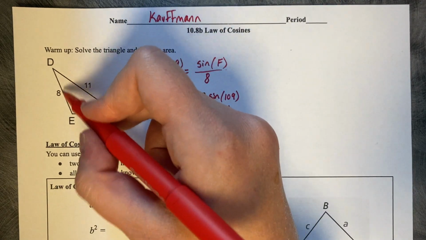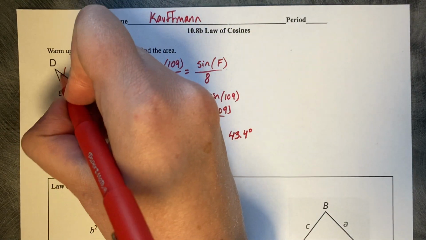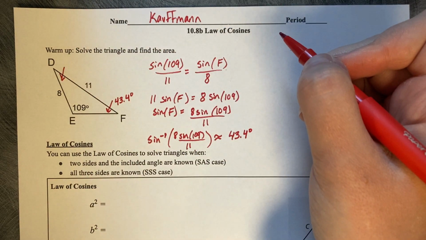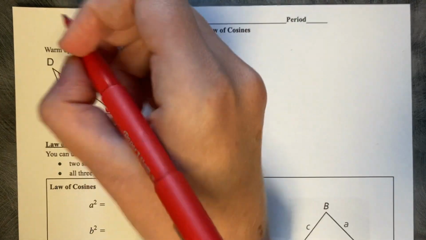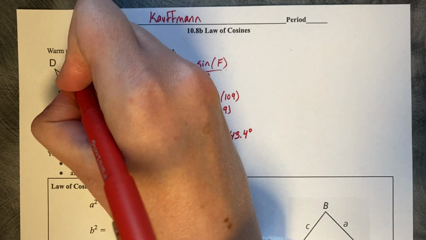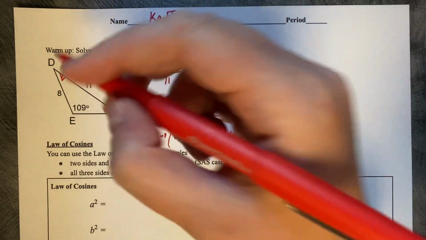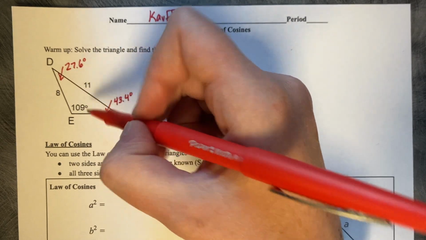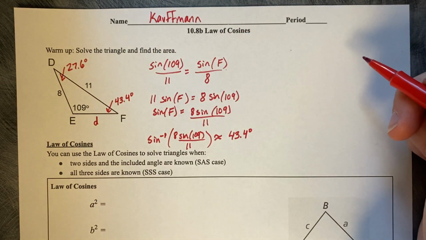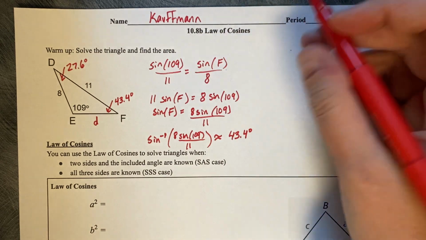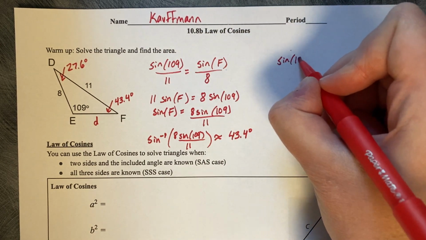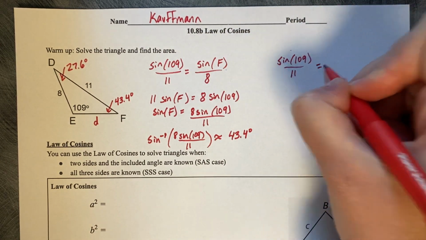Then we can use our knowledge of 180 to get the angle D. So 109 plus 43.4 minus 180 leaves me with 27.6 degrees for angle D. And now I have an angle that can match with side length D, which is the missing one. So use our same match as before, sine of 109 divided by 11.